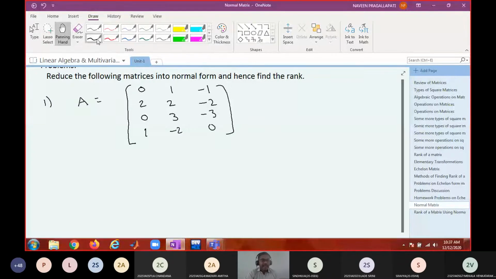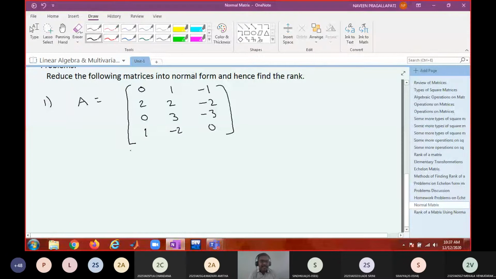In this case, you see there is a 0 entry in a diagonal position. So first you interchange this row with any other row, or this column with any other column. Which one do you want me to do? Because row and column transformations are both allowed. The column.